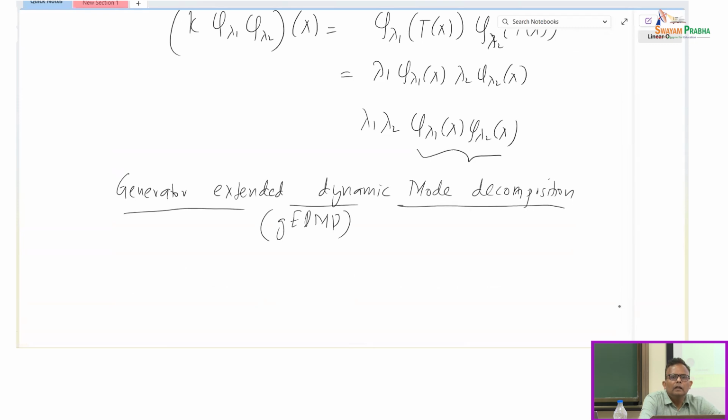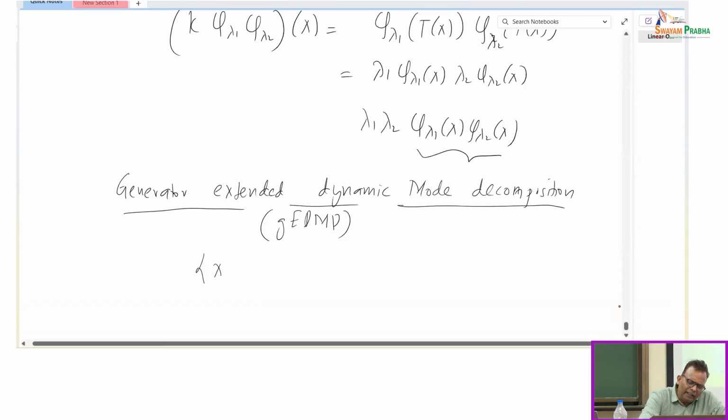Okay. Now again, since it's continuous time, instead of xt and xt plus 1, or xk and xk plus 1, the information you need is derivative information. So you assume that you have information about xk and xk dot.